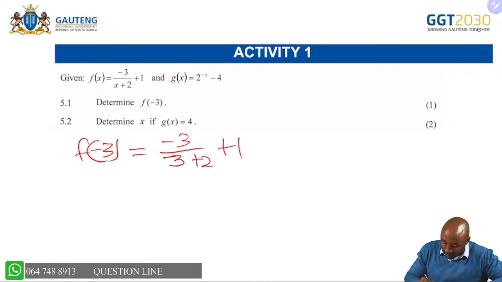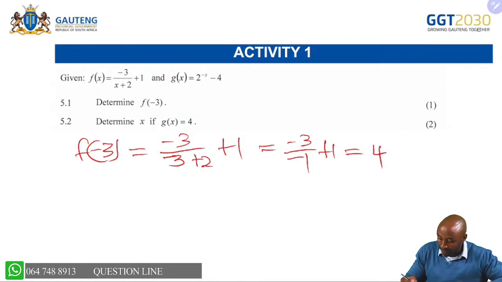And we know that negative 3 plus 2 will give us negative 1, and this will give us negative 3 over negative 1 plus 1, and this will give us negative 3 divided by negative 1 gives us positive 3 plus 1, that gives us 4. You are done.